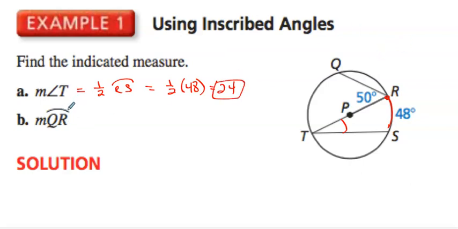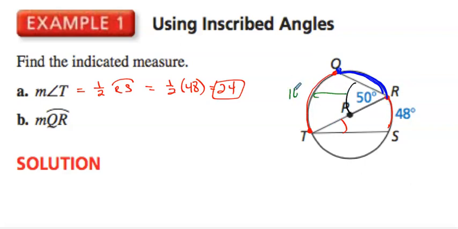And so what's the measure of arc QR? So here's arc QR. We know RS is 48. We know QRT is 50. So if this angle is 50, then this arc here, QT, is the intercepted arc, so we're going to go the opposite way.